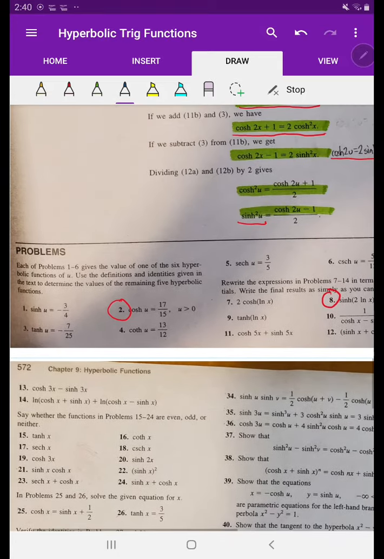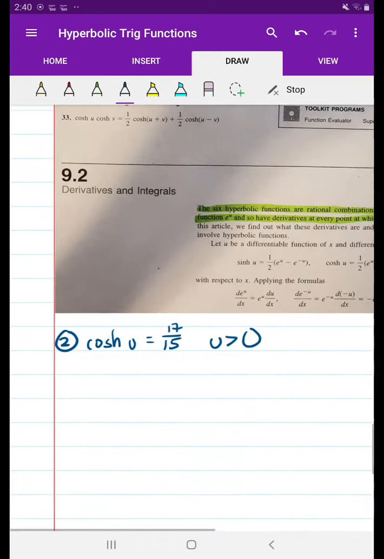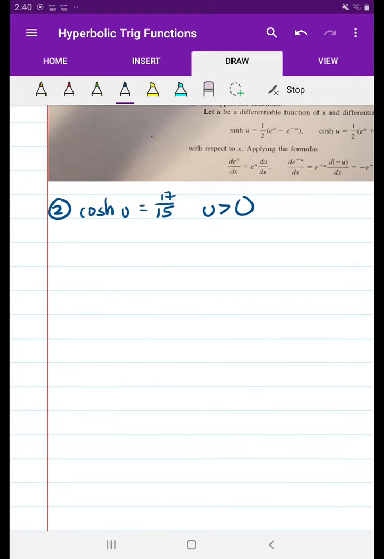And so what we have to do is give the values of the other 5 hyperbolic trig functions. Okay? So, the first thing that I want to do is lay out where some of these things are coming from, or how some of these things work with each other.